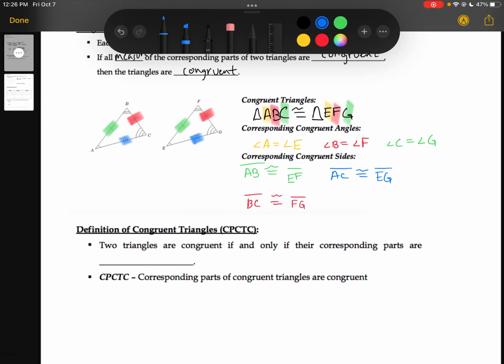So next is part of what we're going to use for proofs, the definition of congruent triangles. Two triangles are congruent if and only if their corresponding parts, which is just a fancy word that means matching, are congruent. And CPCTC is something that we're going to use in proofs. This is a proof reason that just says if we have corresponding parts of congruent triangles, they are congruent.